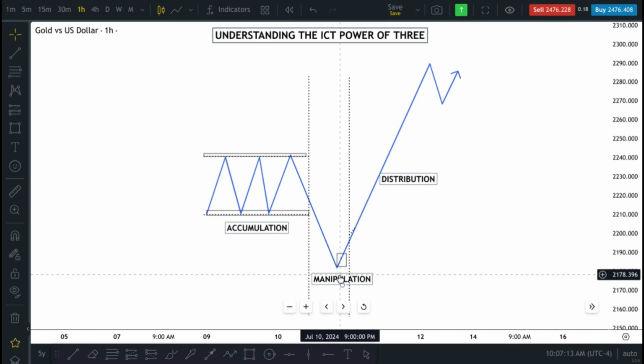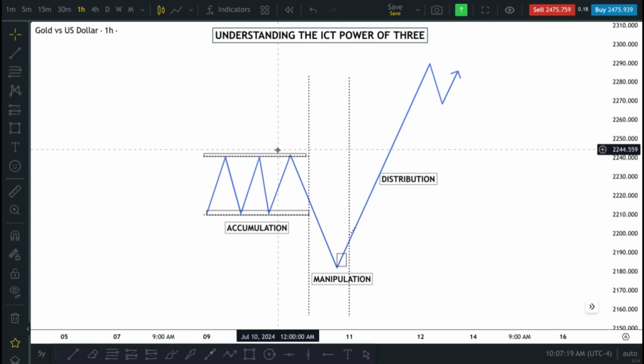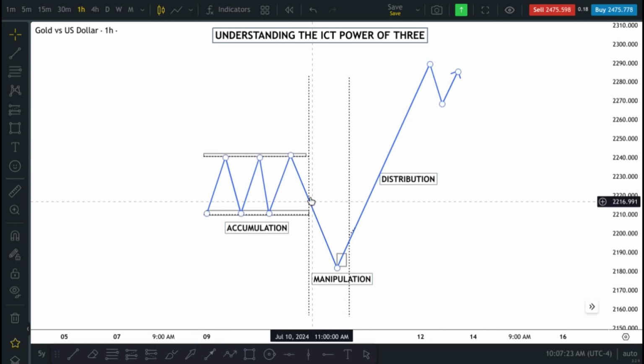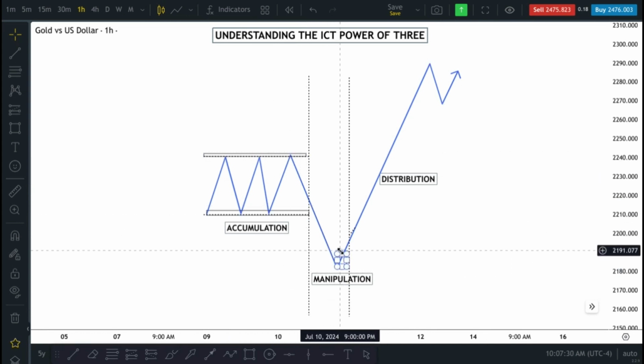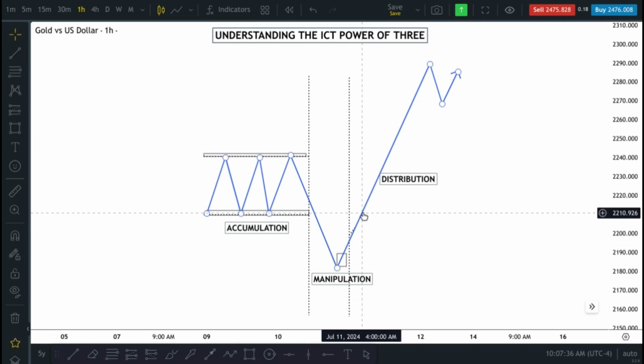In the manipulation phase, this is where you ought to be so cautious of sudden sharp moves that break support or resistance levels. And you must know that these moves are basically designed to mislead you into thinking that the price is going to move up or continue to move down, when actually it's just a manipulation.